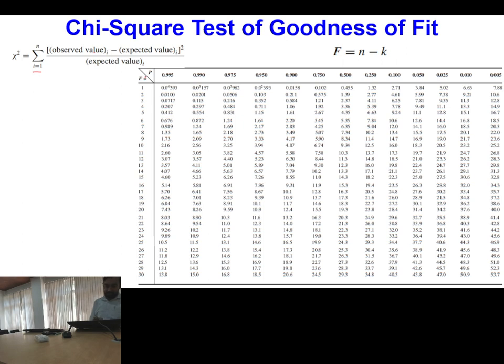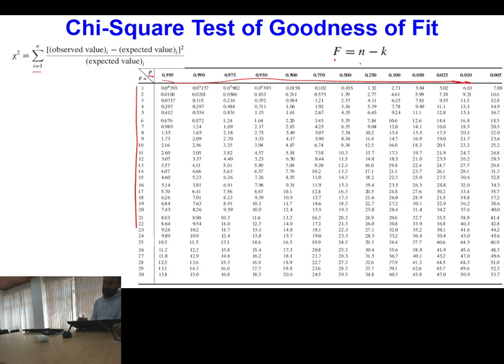Here one table lists the value of f in the first column and the probability of occurrence of the events in different columns along the top row.